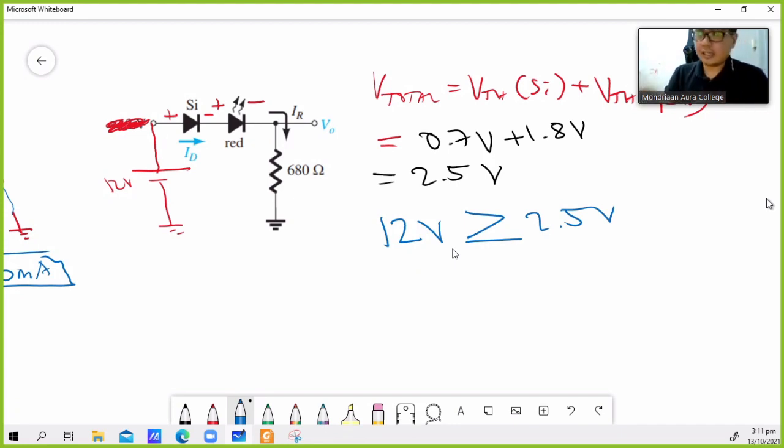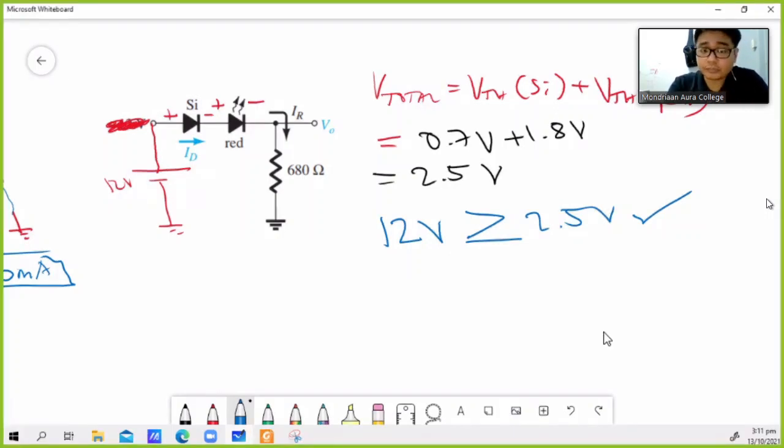But since naka-series sila at pareho ng orientation, both pointing to the right, i-add natin. So yung total na yon, yun ang magiging determining factor natin, which is 2.5. So 12 volts, is it greater than or equal to 2.5? Yes. So pasok dun sa dalawang criteria.